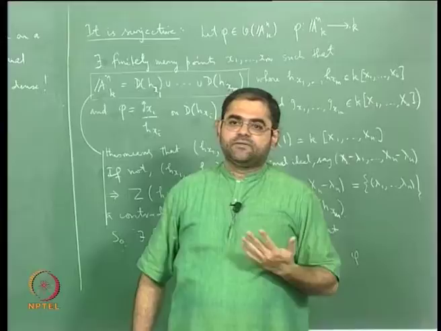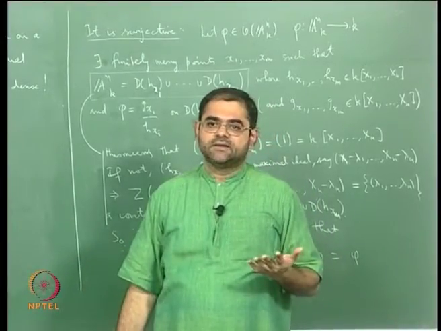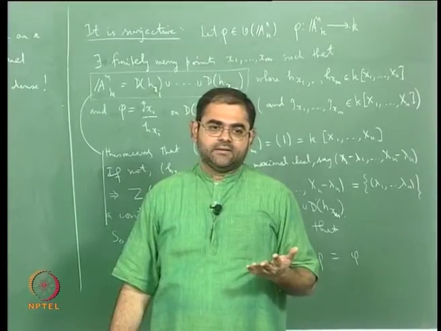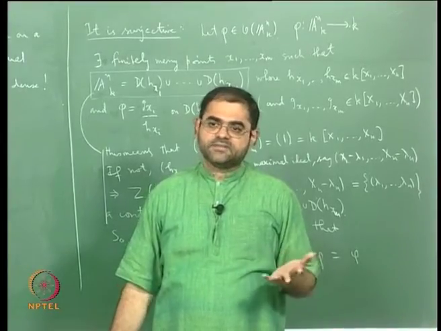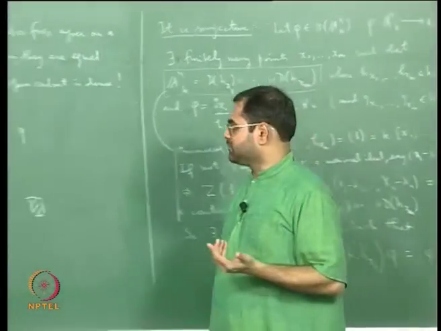So in all these cases your regular functions agree with the ring of functions that we defined, the coordinate ring of functions that we defined. Okay, so I'll stop here.